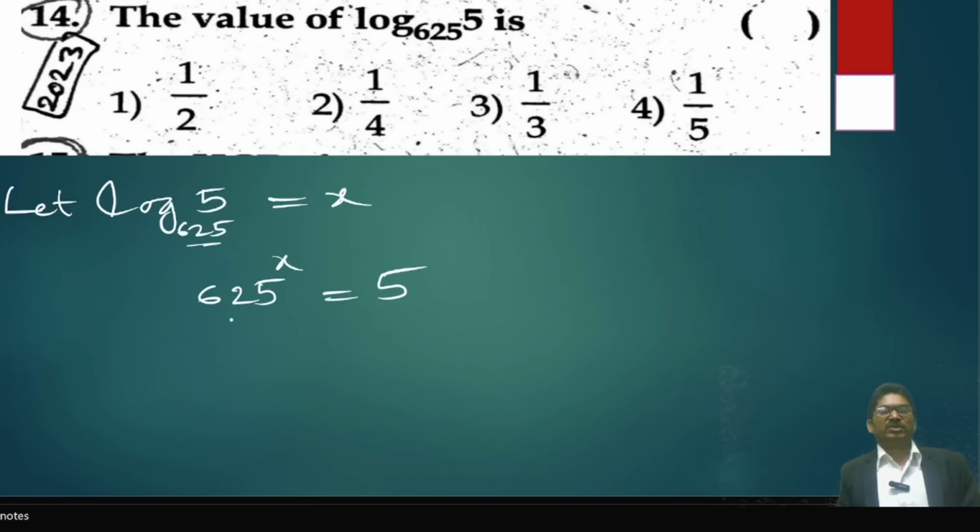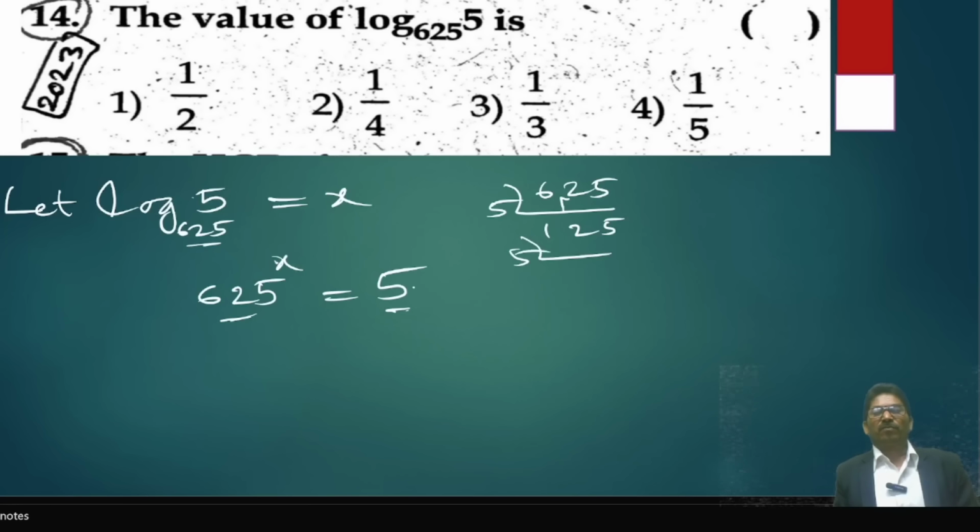We write the base as base, and the right side value is the exponent. We have to make the bases equal. So 625: 5 fives are 25, 25 fives are 125, 125 fives are 625.